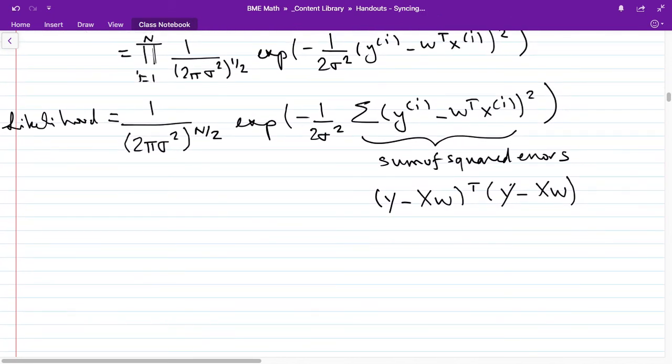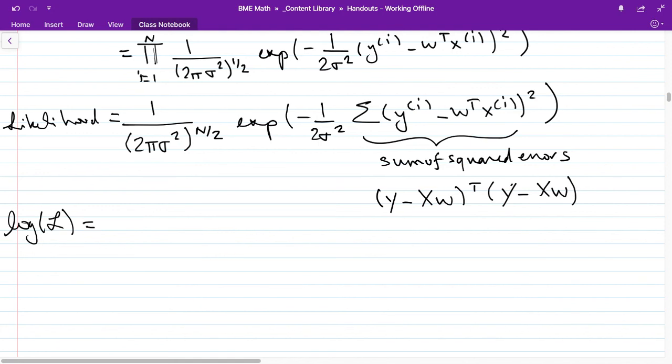Okay, let's take the log of the likelihood. All right, so I have a ratio here. So when I take the log of that, I get minus n over 2 log of 2 pi sigma squared.